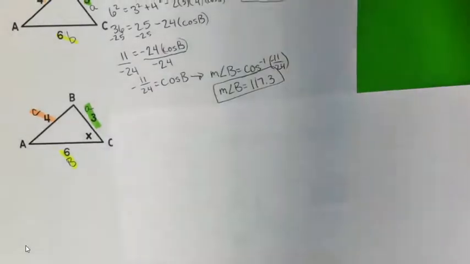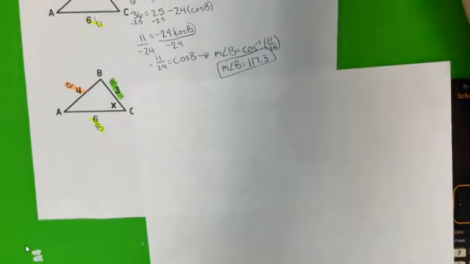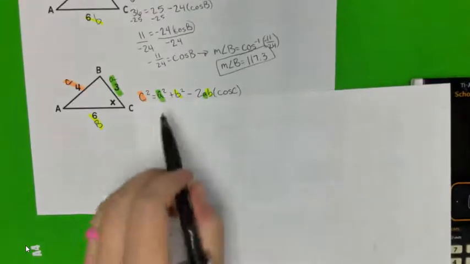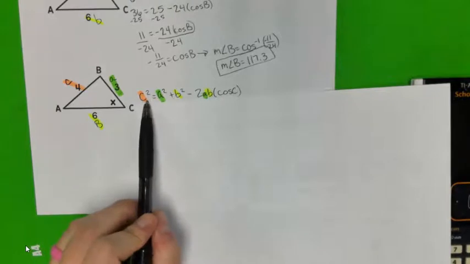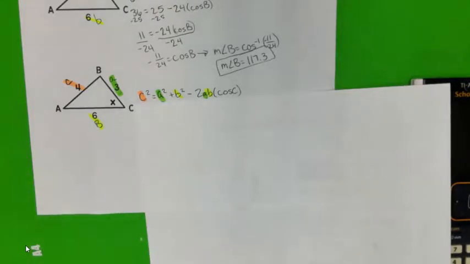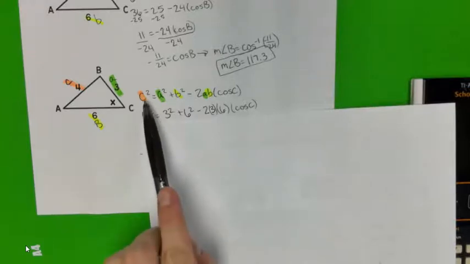Alright, so for this one, I'm going to go pretty quickly. I already have them labeled. And here's our equations. The only difference is we are now using C. And then we have A squared plus B squared minus 2AB. Then next, we are going to plug all of these in.